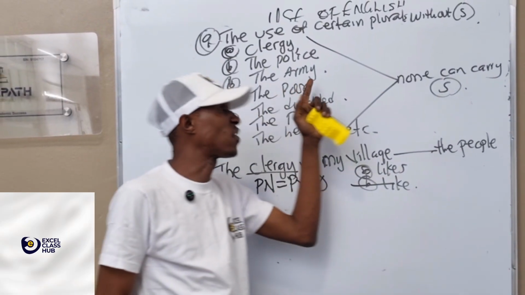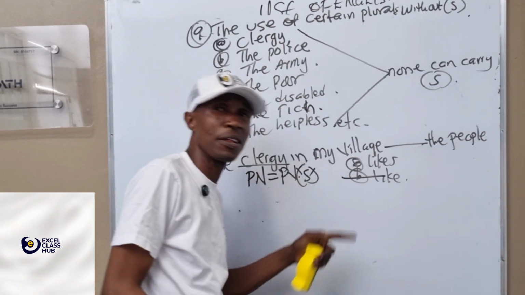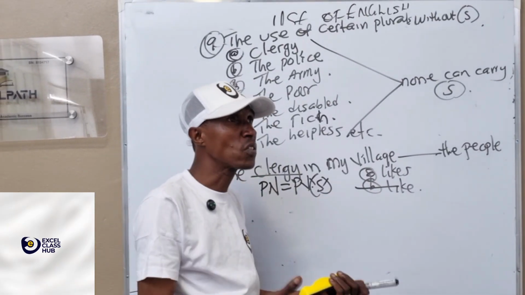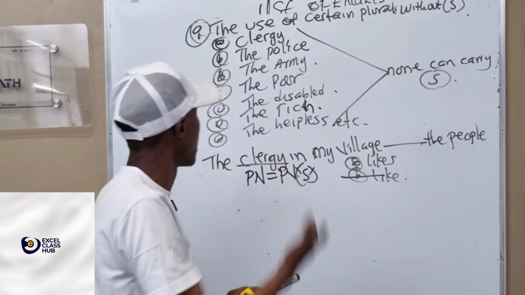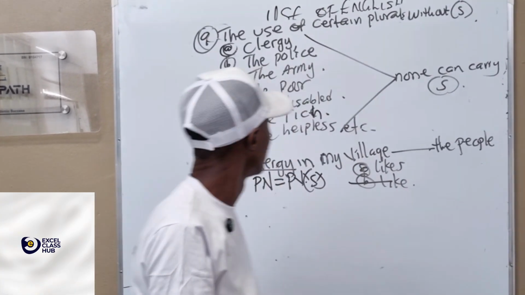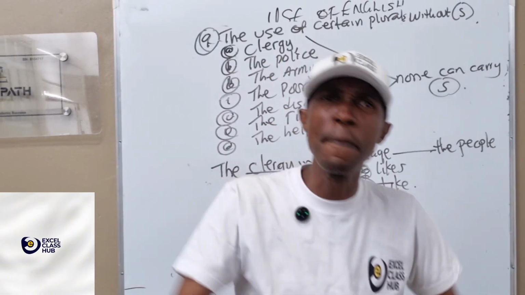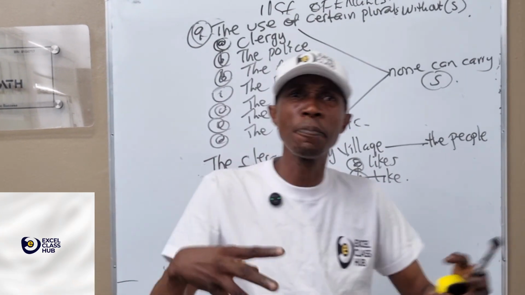If you add S to it, it might even mean something else. But there is no one. There is nothing called the polices. The police connote a group of police officers. The army connotes what? A group of soldiers. The poor connotes a group of poor people. The rich connotes a group of rich people.